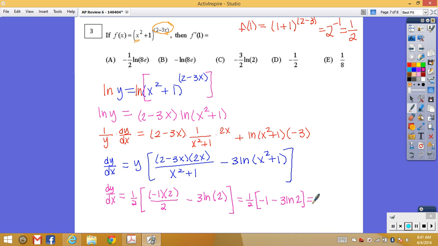We end up with, trying to make this match up with something that's up there, a little difficult here. Let's see. 1/2 times negative 1 minus ln of 8. Interesting.